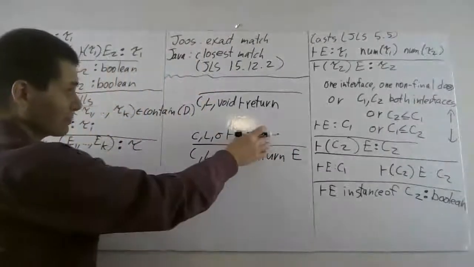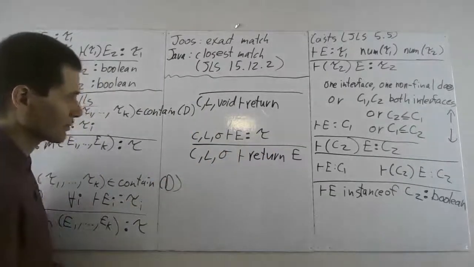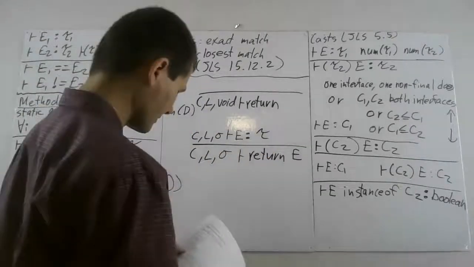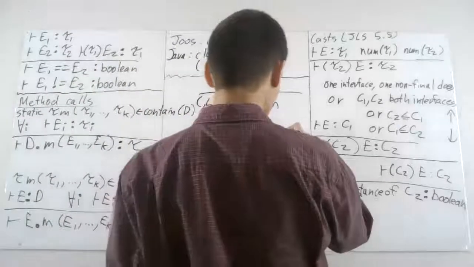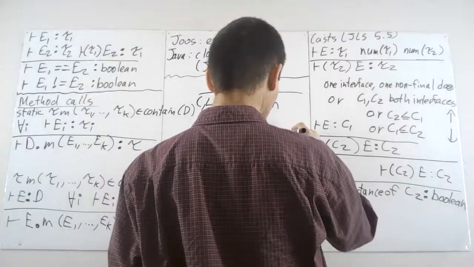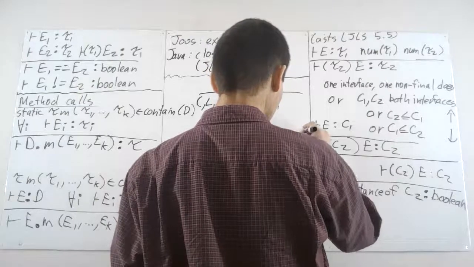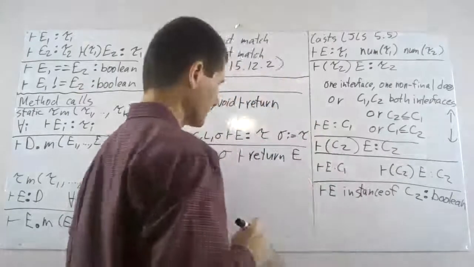Okay, and it could be a different type than the return type, but it has to be assignable to the return type. So I'm going to say, I'm allowed to assign tau to sigma.